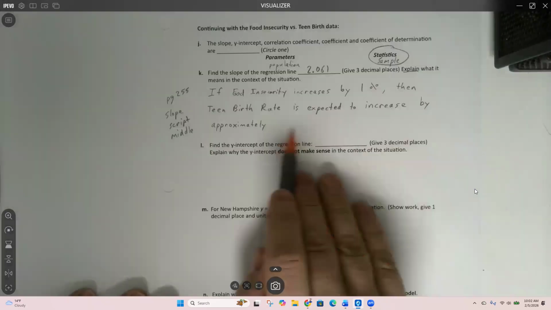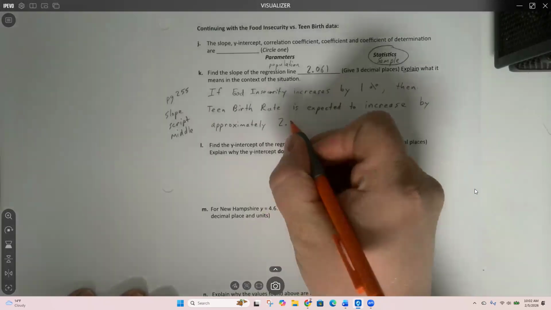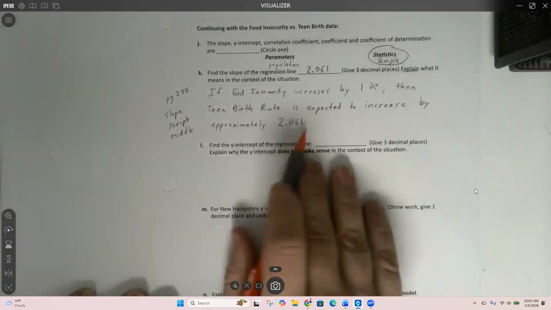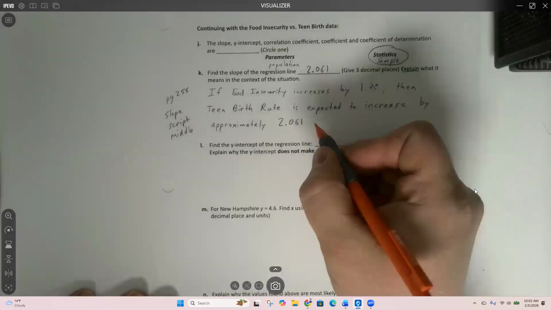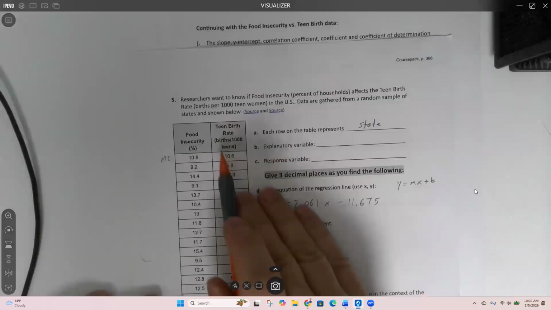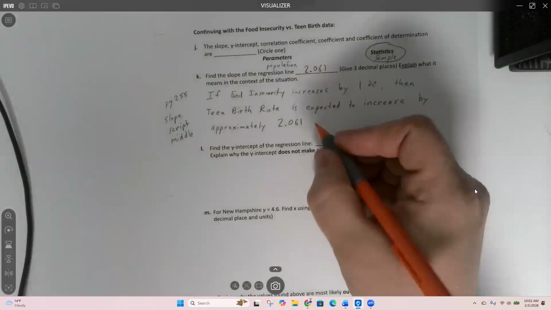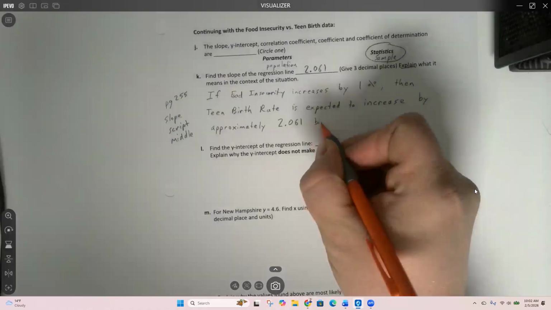So right here, you write out your slope, but again, at this spot, you will drop the negative if there is a negative, okay? And then you write out the units. What are the units on my y? Units is births per thousand teens.